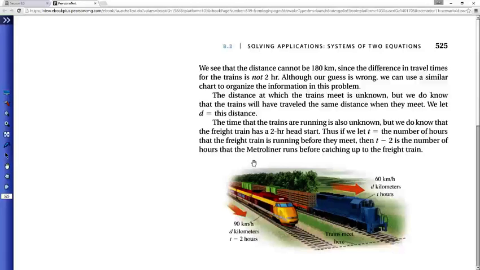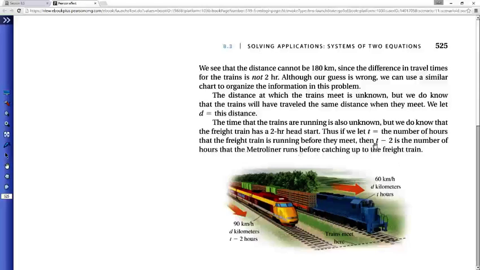The freight train takes off, right? And then 2 hours later the Metroliner will take off. Well, to represent time, we just put t minus 2. So after this freight train runs for 2 hours, how long has the Metroliner run? You kind of check it that way.